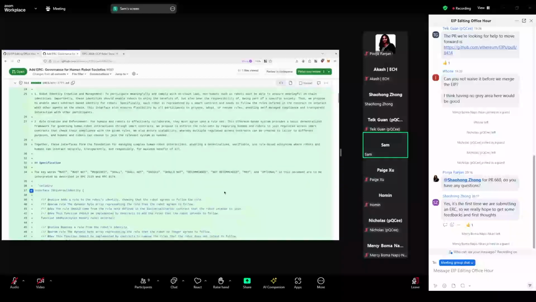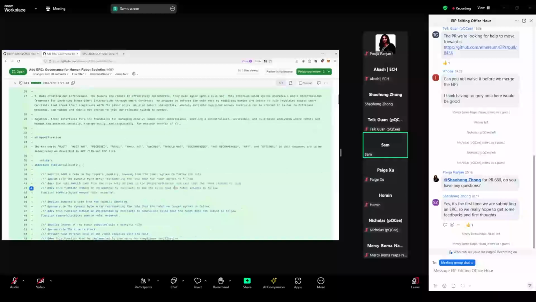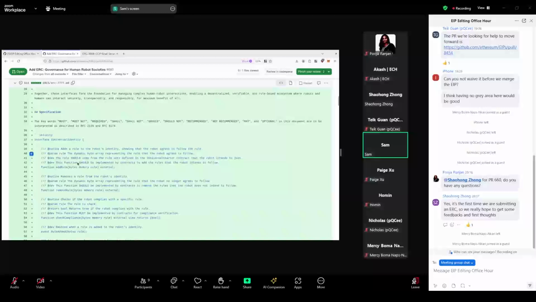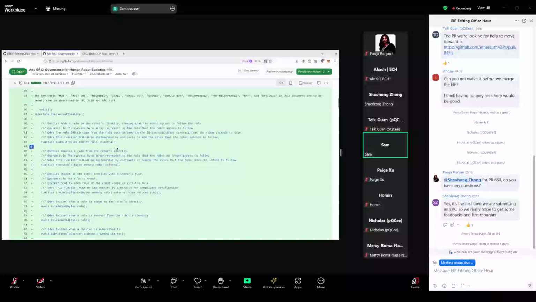So yeah, you've set up a very lofty goal, I think, in your abstract and your motivation. Let's see how this works in Solidity.